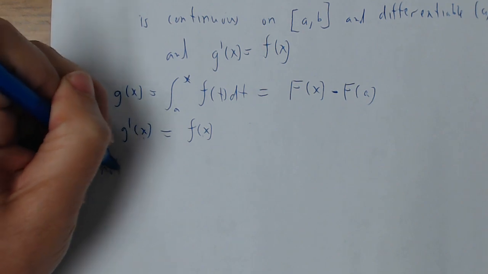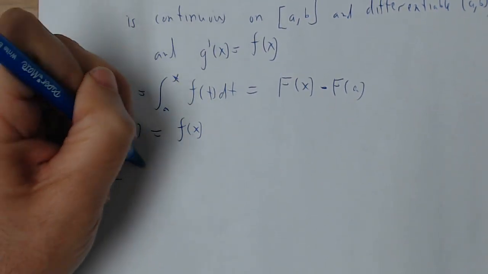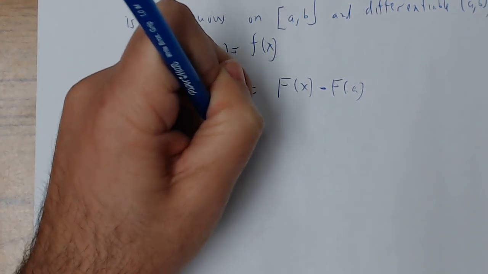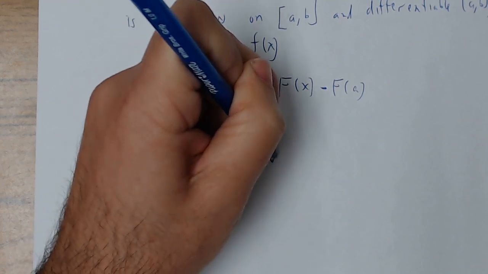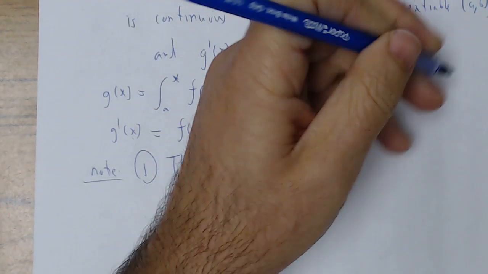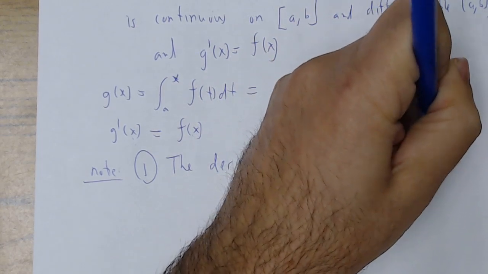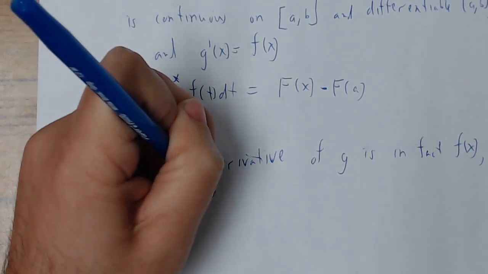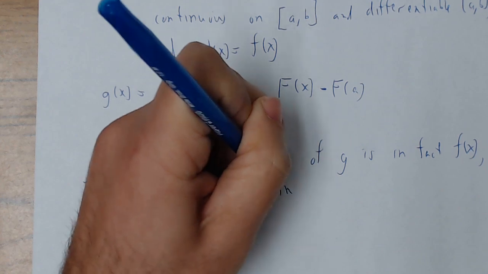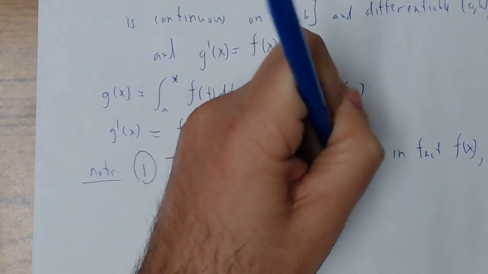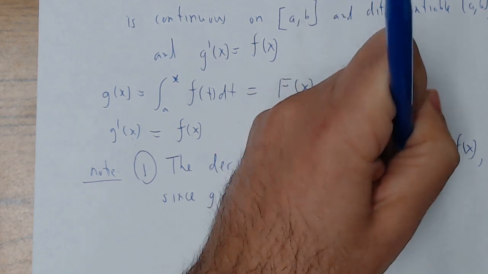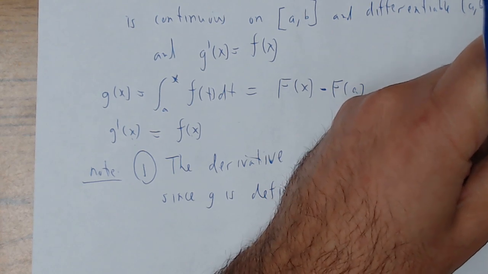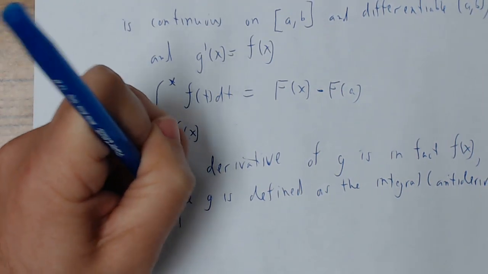So let's make a comment here. A couple of comments. We would say the derivative of g is, in fact, f of x, since g is defined as the integral, or in other words, another way of describing it is the antiderivative of f.